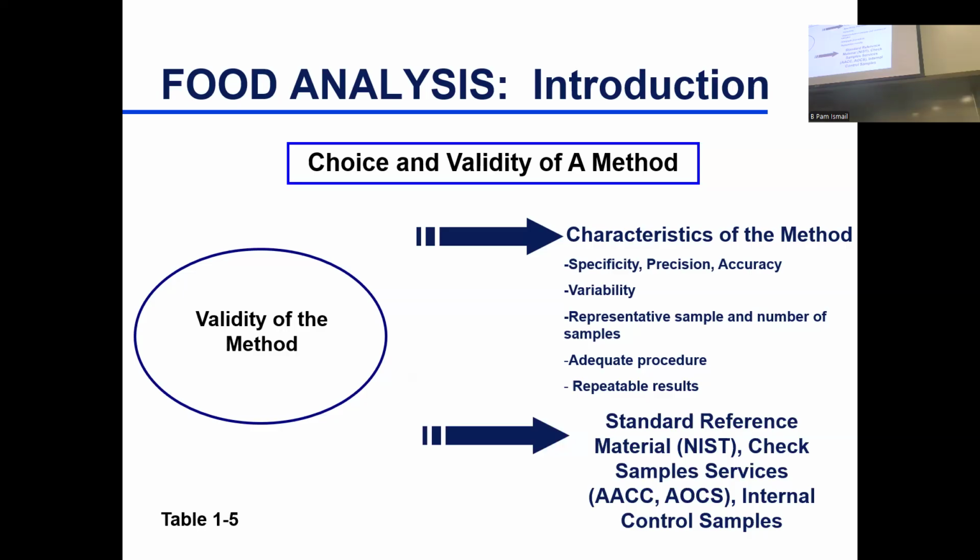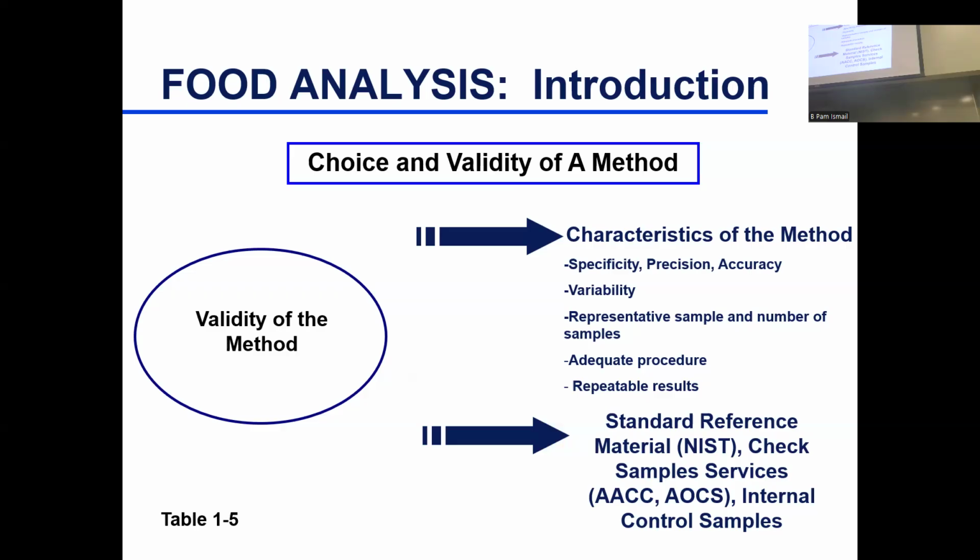There are different ways to prove it, and sometimes you get a standard reference material from the National Institute of Standards and Technology, NIST. They give you a standard material. If you're looking for total protein, simple. You get a standard material analyzed by a specific method, and then you're testing your sample. If your value lies within what the standard material value should be, then you go, okay, I'm good.